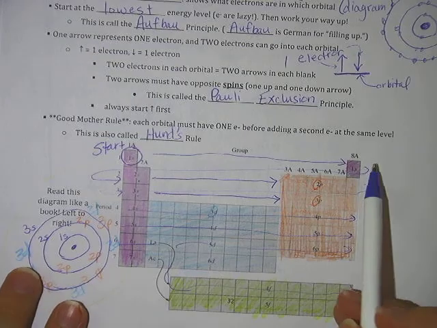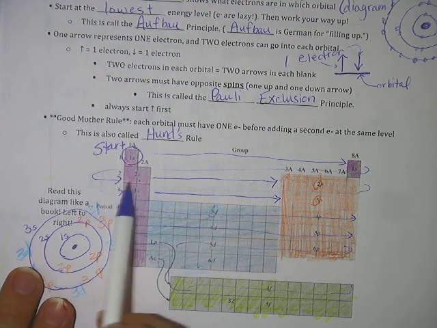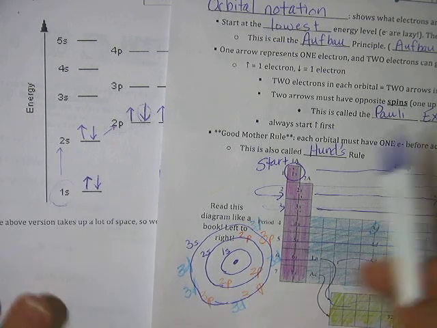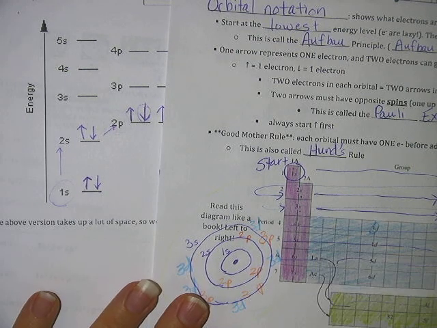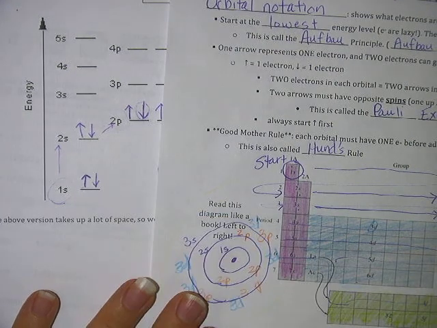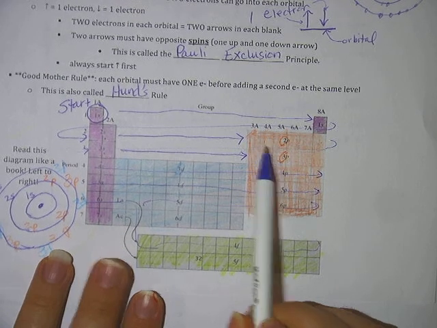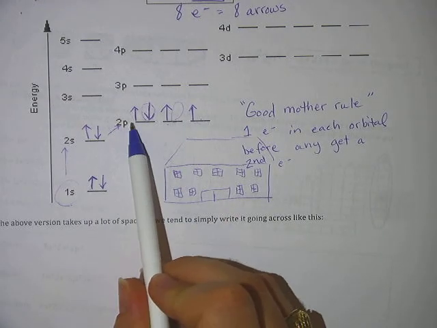Then we moved to the next row, which was where 2s is. So we moved to 2s. 2s has 1, 2 elements, so we drew 1, 2 electrons. Then we came across to where 2p started, and in the diagram we moved up to 2p.